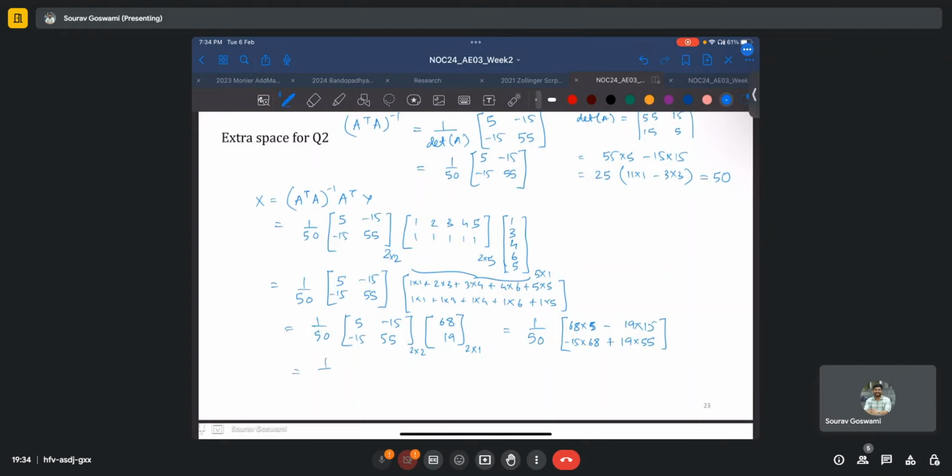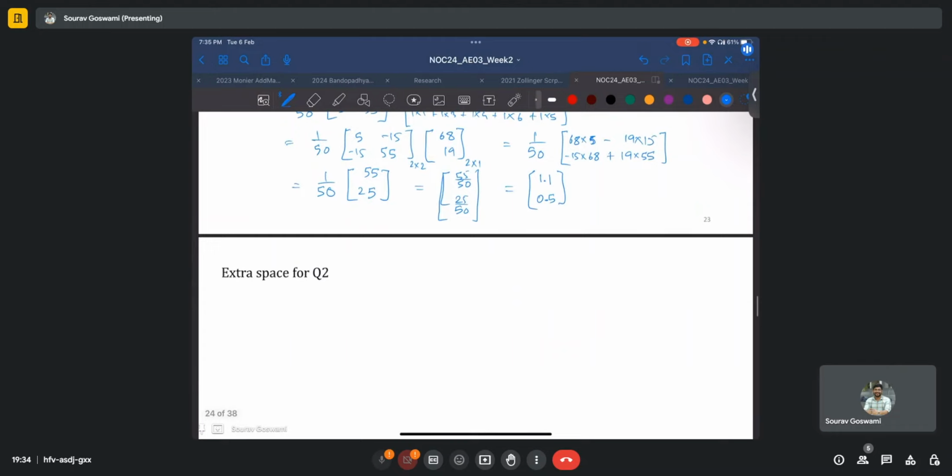And this will be 55 and 25, and we divide both of those by 50. So we'll have 55 by 50, 25 by 50. This turns out to be 1.1 and 0.5.